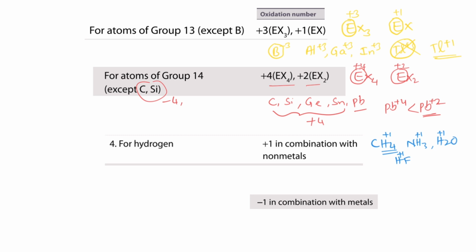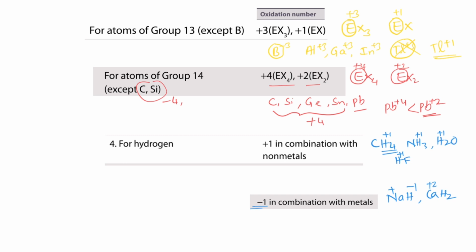The next one, -1 oxidation state in combination with metals. For example, sodium hydride. Sodium, already we know, is a first group element and shows +1 compulsorily. This is -1. Similarly, calcium hydride. Calcium, a second group element, shows +2 as we know.